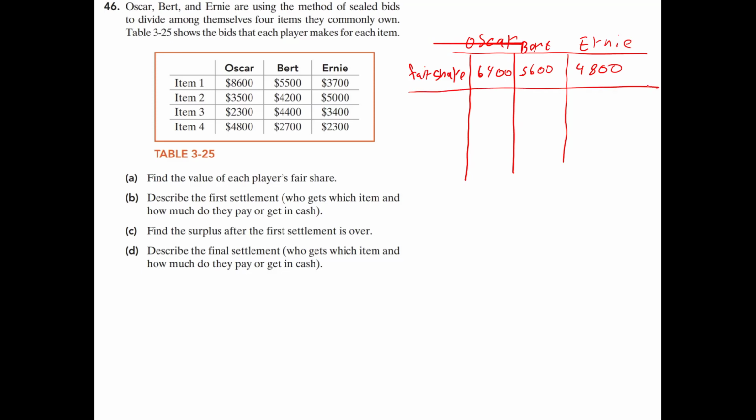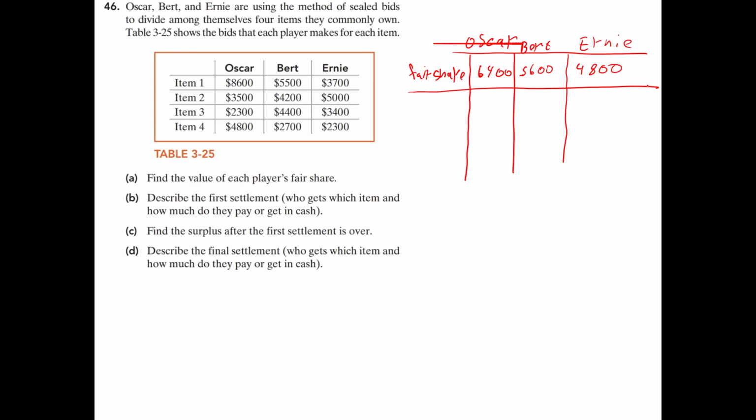Okay, so find the value of each player's fair share. That's in the table, and so I can read that off your table if you make a table, and we're done with that. Describe the first settlement. Who gets which item and how much do they pay for it or get in cash, right?